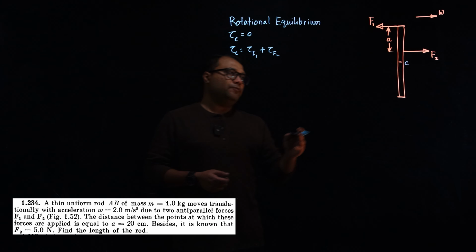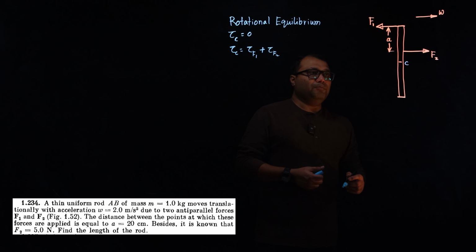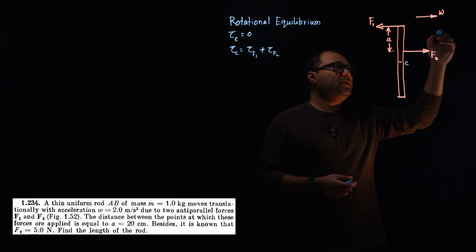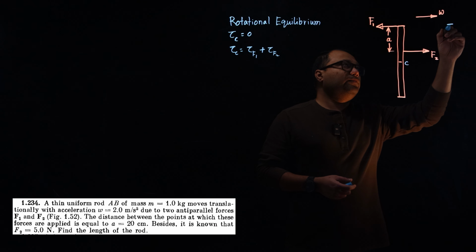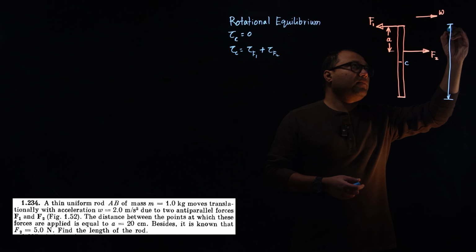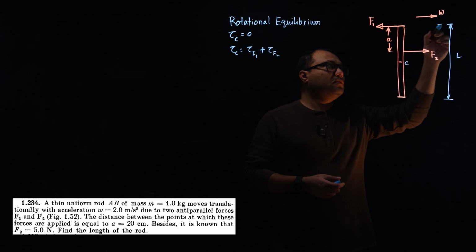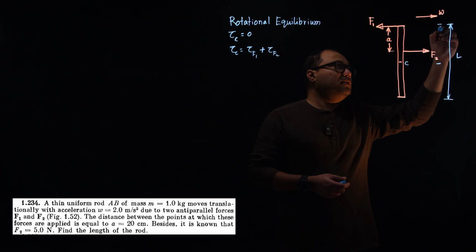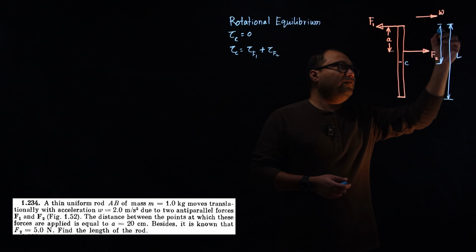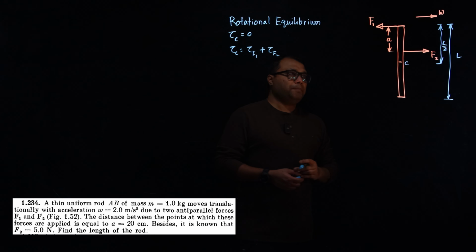But conveniently we can take torque about the center of mass. Now, let's say the length of the body is L, then this distance is half of L, because the center of mass will be midway.